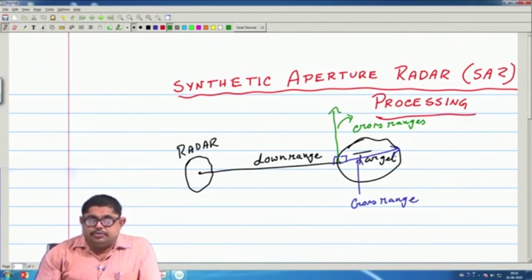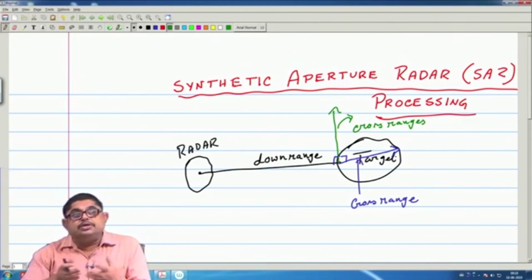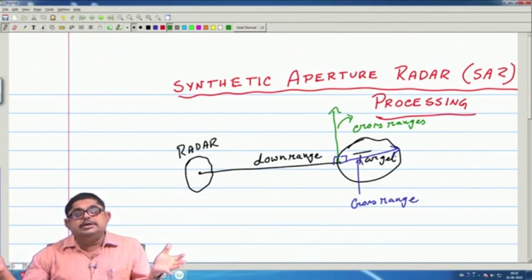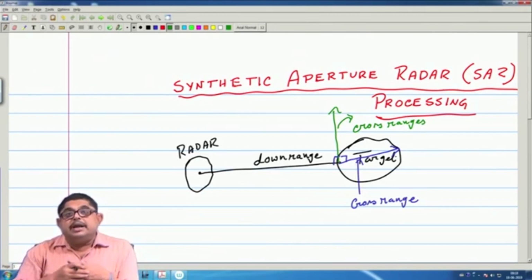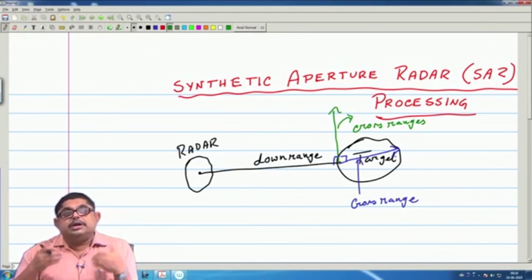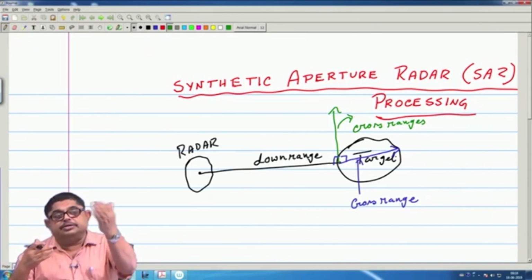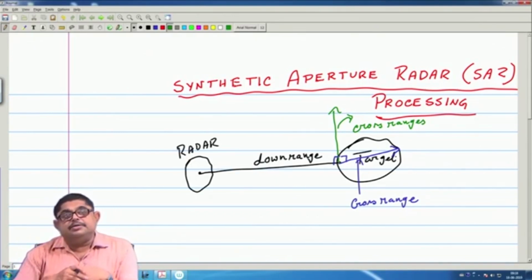So, if I can go on increasing the antenna size, then I can improve the resolution in the cross range direction, but that is not possible, because radars cannot have any amount of antenna size, since then they would not be able to move.